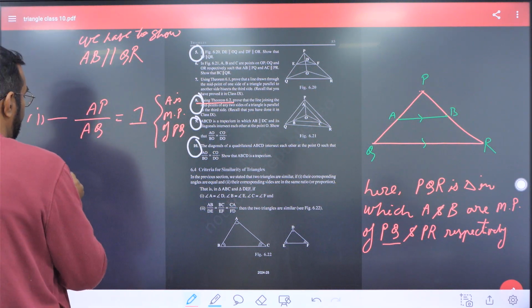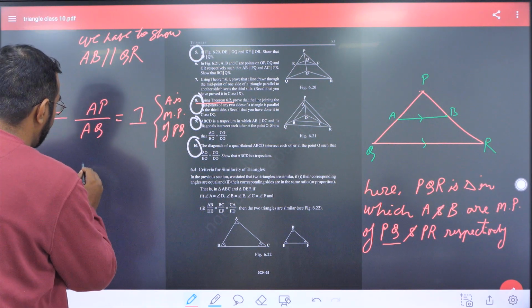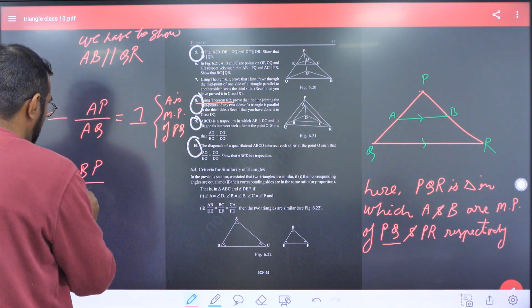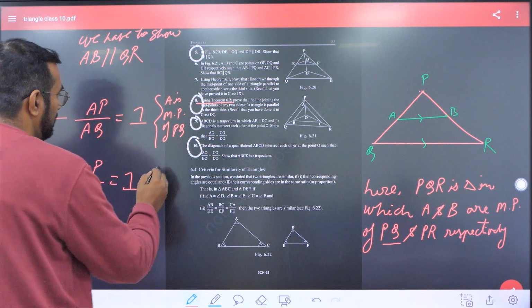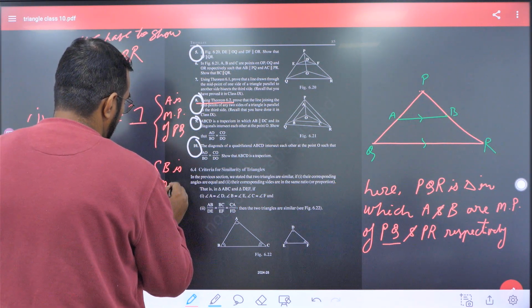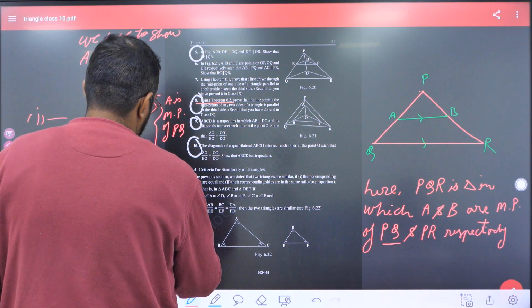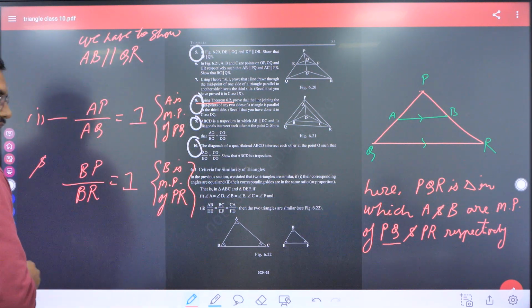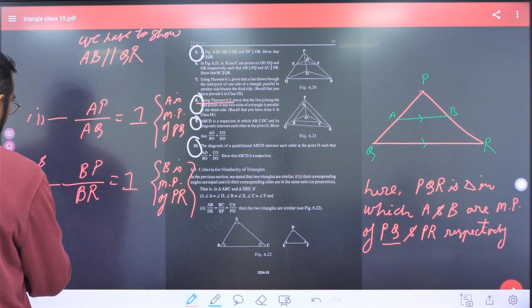Now again BP upon BR is also equal to 1. Reason is the same. B is the midpoint of PR. Make it equation second.